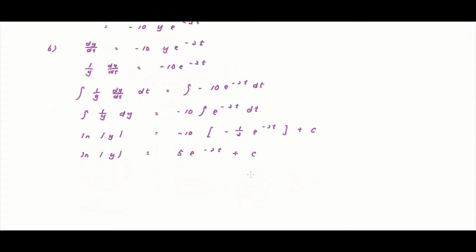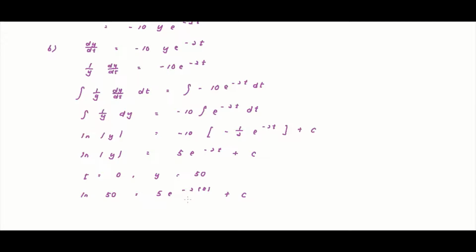Okay, so same thing, we will need to find out our c here. In this question it is already given that when t equals 0, y equals 50, right? Okay, so now we can do the substitution. So ln 50 equal to 5e negative 2 times 0 plus c.